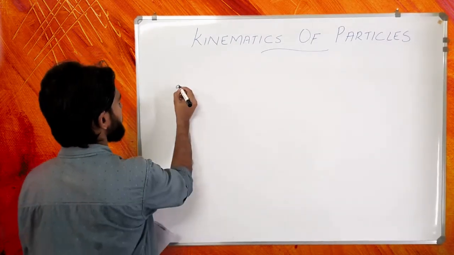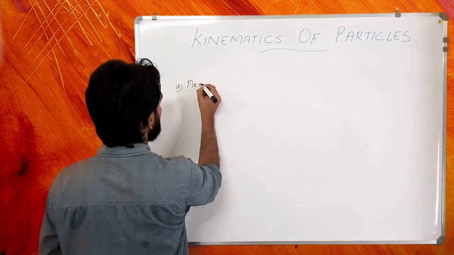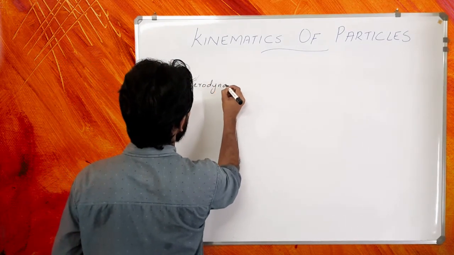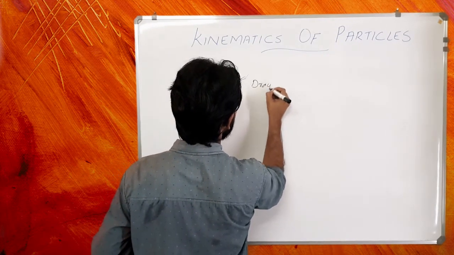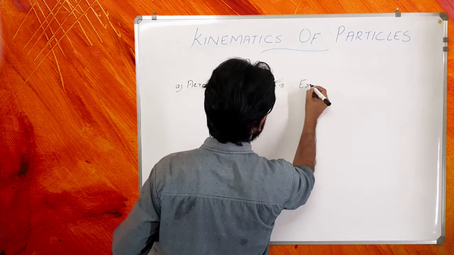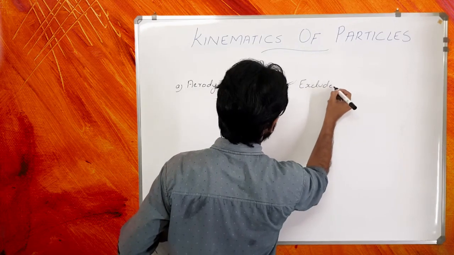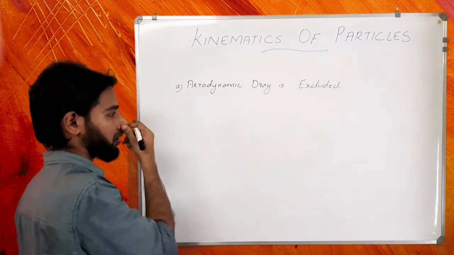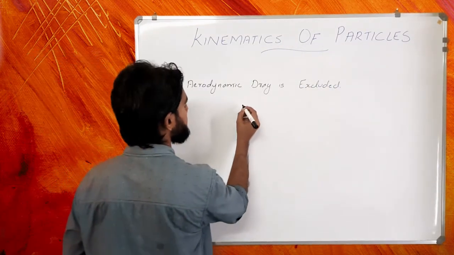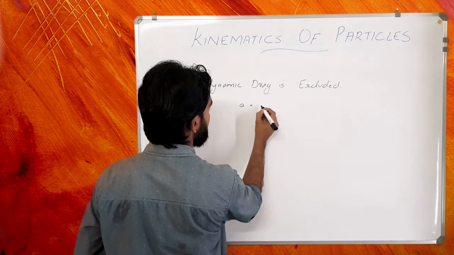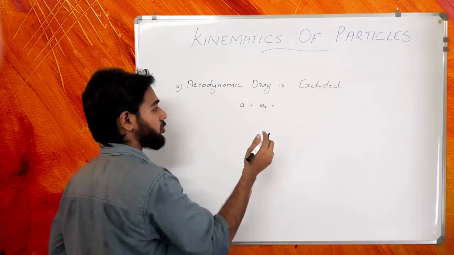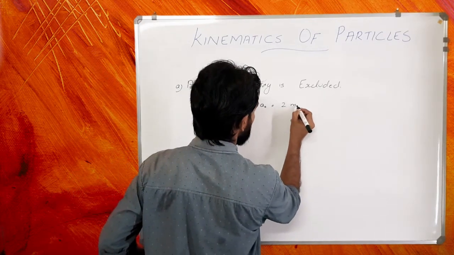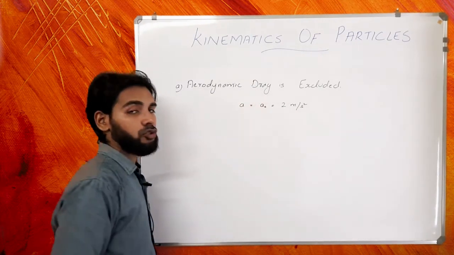Let us go to the first part where aerodynamic drag is excluded. Now, as such, here a equals a0, I am neglecting the drag, minus kv square, which is equal to 2 meter per second square.